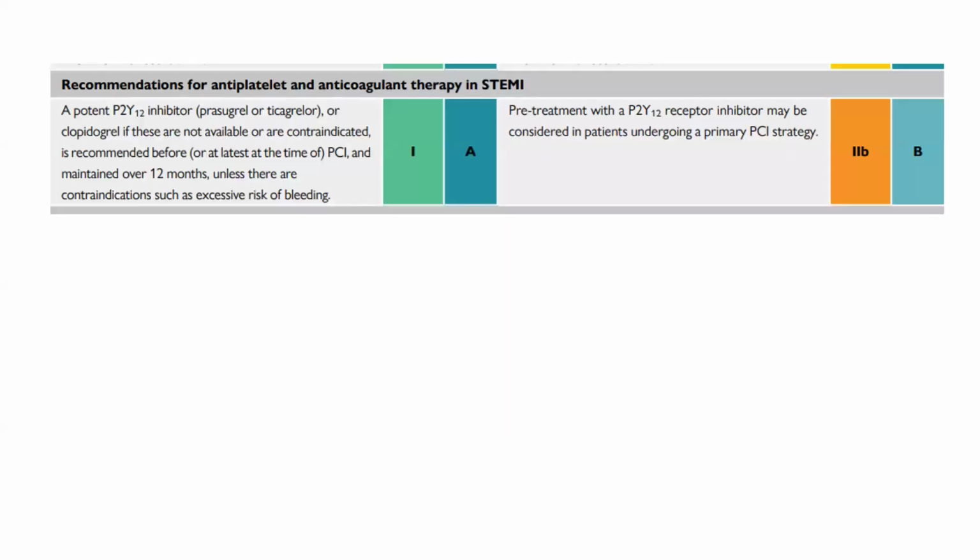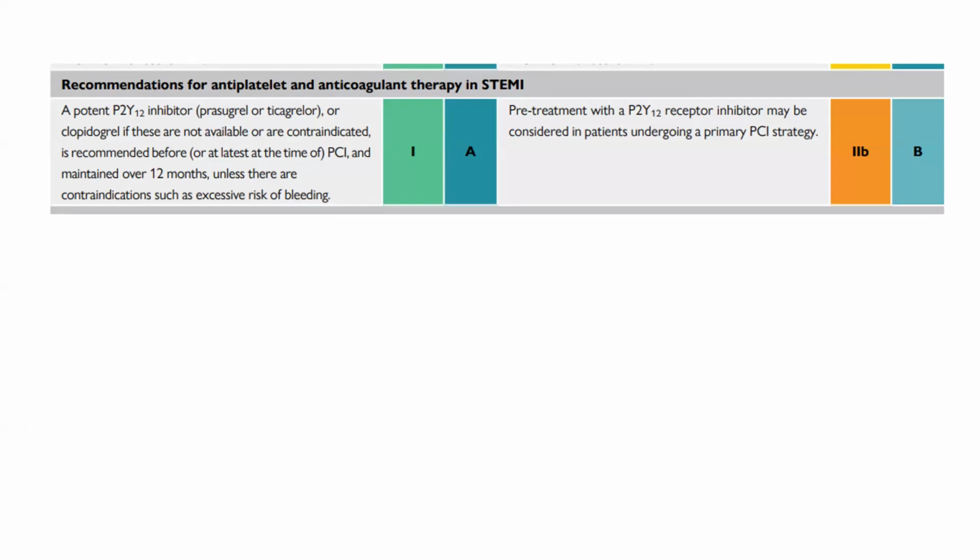Then with respect to the use of P2Y12 inhibitors as pre-treatment for STEMI, a potent P2Y12 inhibitor, prasugrel or ticagrelor, or clopidogrel if these are not available or are contraindicated, was recommended before PCI and maintained over 12 months, unless there's a contraindication such as excessive bleeding risk. So it was a class 1.